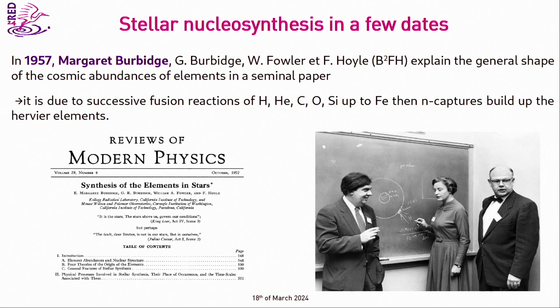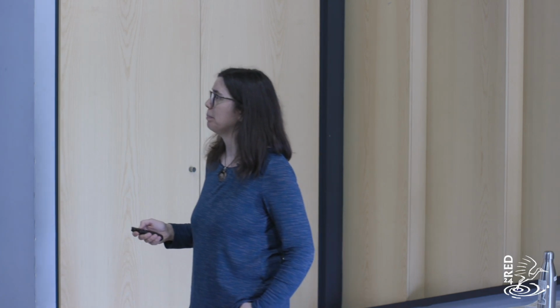And this is Fowler, William Fowler. And so this paper has been cited, I don't know how many thousand times. If you go to the ADS, you will see it. And it explains the general shape of the cosmic abundance that we saw. They propose all the successive reactions and also the neutron capture reactions to explain the heavier elements.